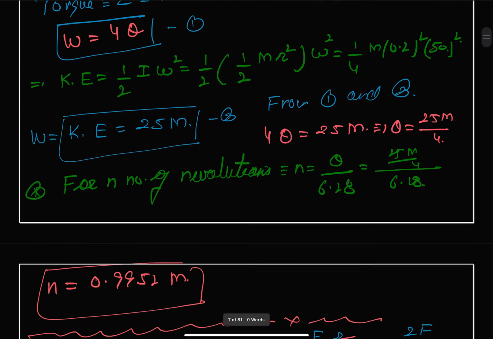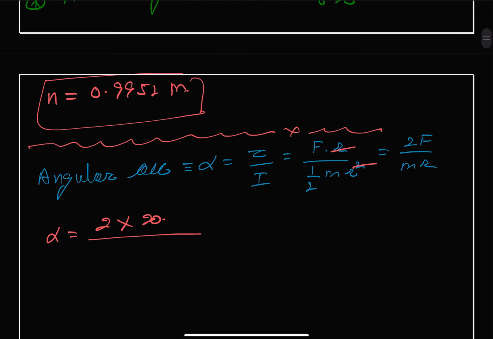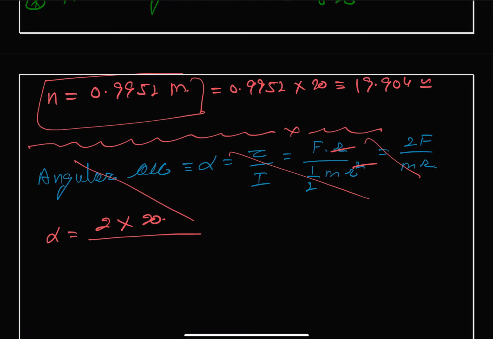So there is no need to solve it by the second approach. This is not required because mass we know is our 20 kg, and that is going to serve our purpose. So this comes as 0.9952 multiplied by 20, and this comes as 19.904, approximately can be written as 20.